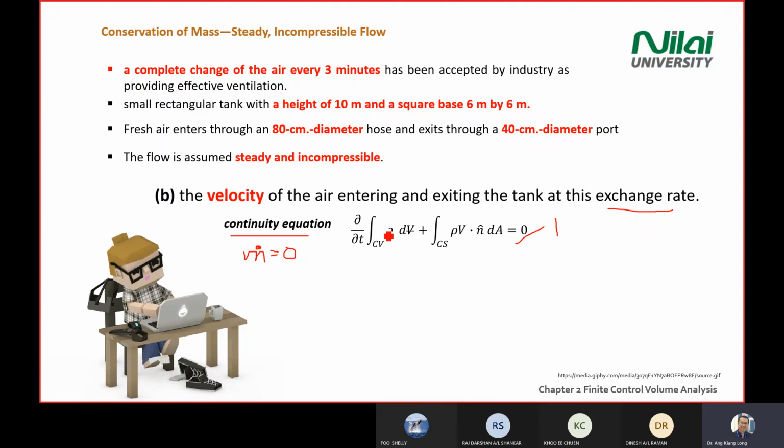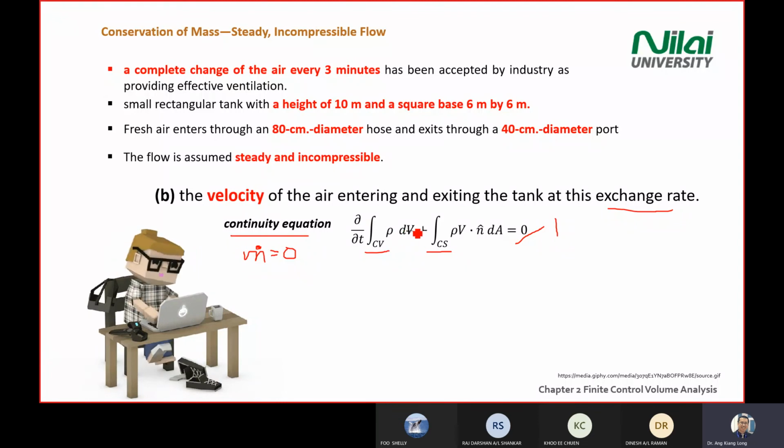Again, continuity equation always only needs to consider 2 dimensions. One is your control volume, one is your control surface. All right, and the format is standard already. Okay, you write this equation, continuity equation, del over del t, integral of your density times volume.